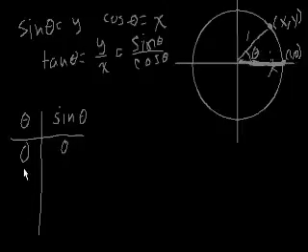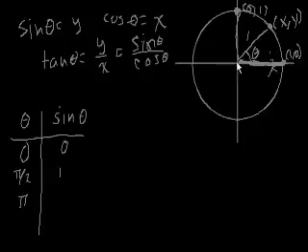If we said what is sine of theta when theta is equal to pi over 2, now our radius is this radius, and we intersect the unit circle right here at the point 0, 1. And what's the y coordinate at 0, 1? Well, it's 1. What happens when theta is equal to pi radians?